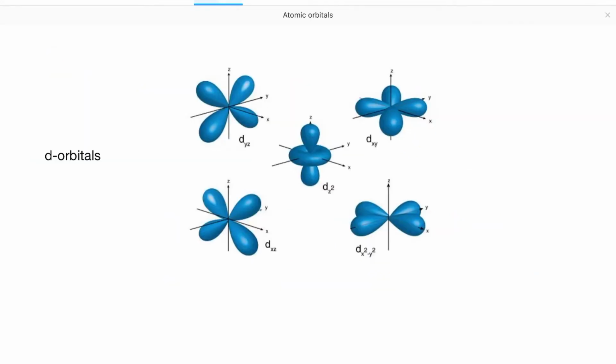So our first energy level, n equals 1, we had an s orbital, 1s. Our second energy level, n equals 2, had the 2s and the 2p, and altogether that allowed it to hold 8 electrons altogether.